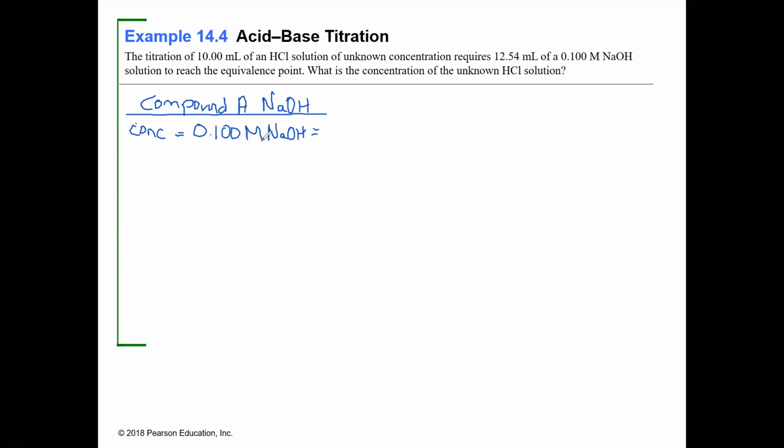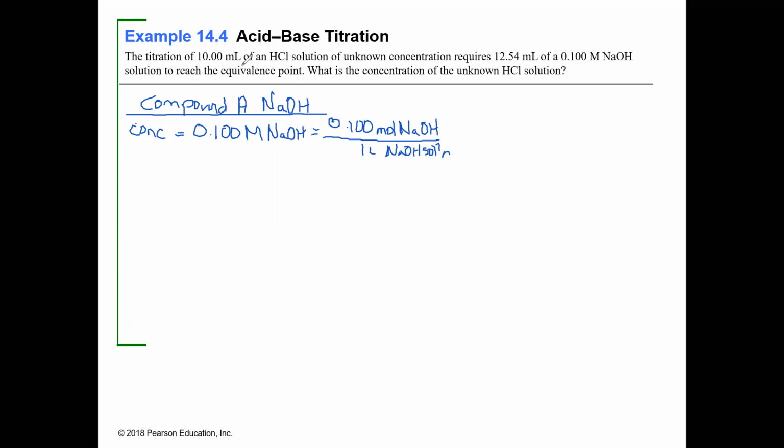Again, when we're doing solution stoichiometry, just get out of the big M and convert it into moles per liter. So 0.100 moles of NaOH in every 1 liter of the NaOH solution.